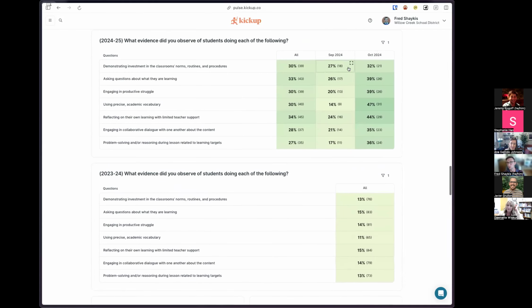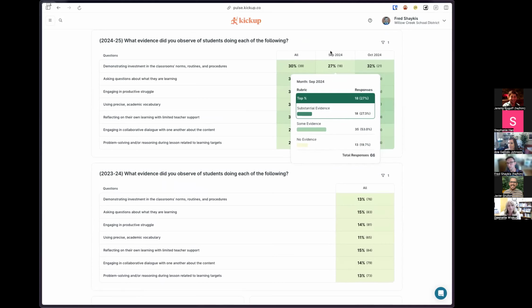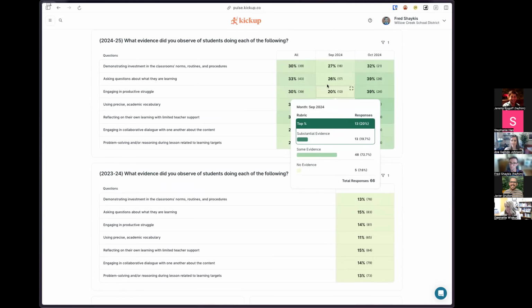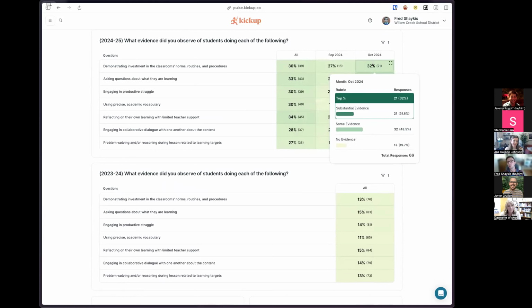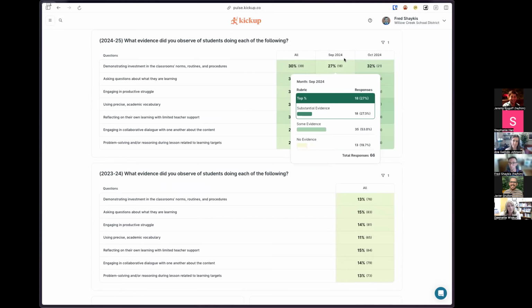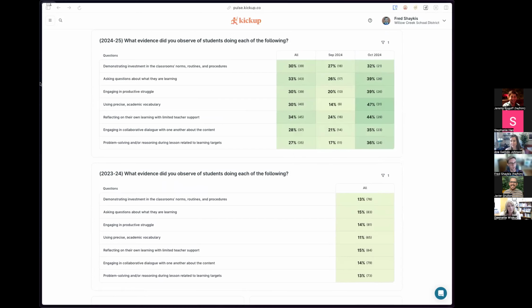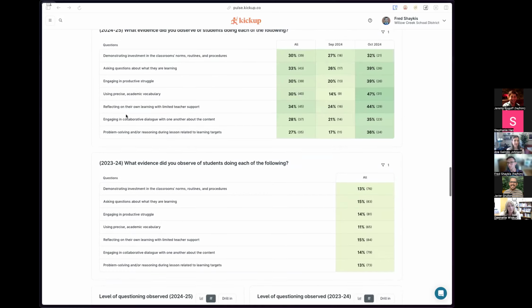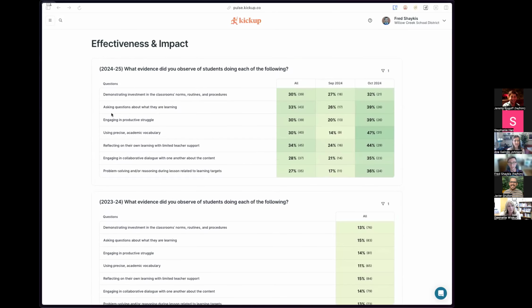They also can look at trends month over month and see that whereas things started out closer to where they were last school year in September, they saw notable growth from September to October. So this is how folks might start to get at the effectiveness.